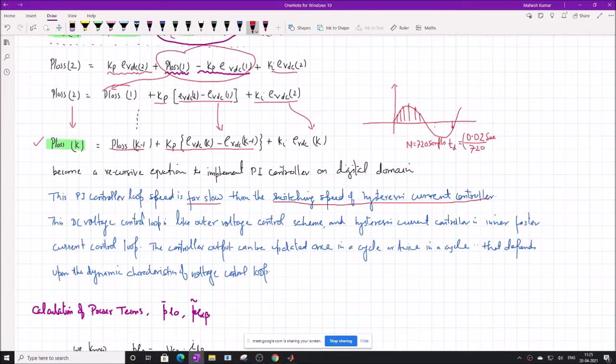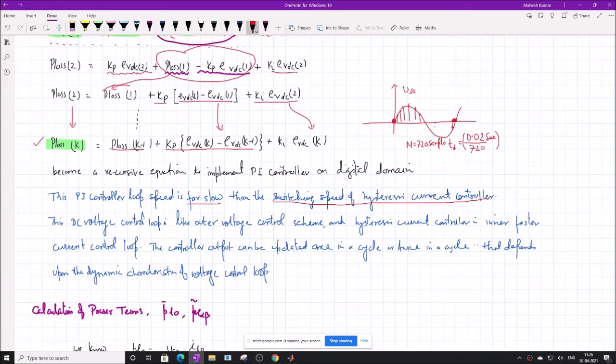But the voltage control loop should not be that fast, otherwise it may result in instability of the whole system. Therefore, this loop is quite slow and may act only on these two samples. At every positive zero crossing of phase A voltage, we can check what is the VDC and then act on this PI controller loop. So this is 1 by 720 times slower than the current control loop.